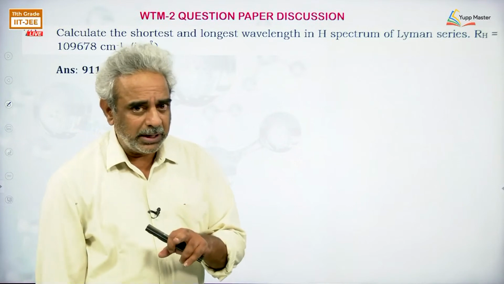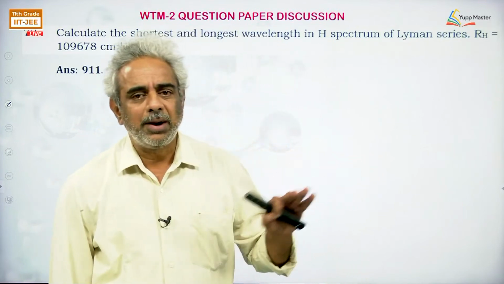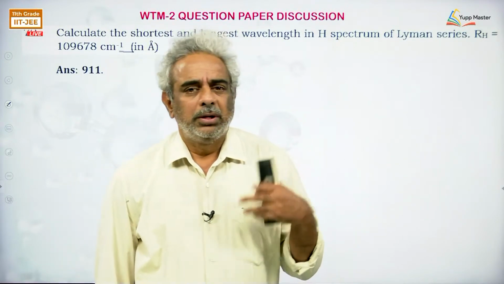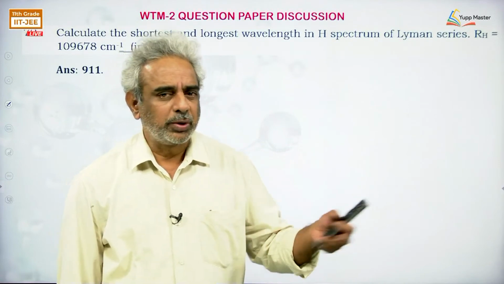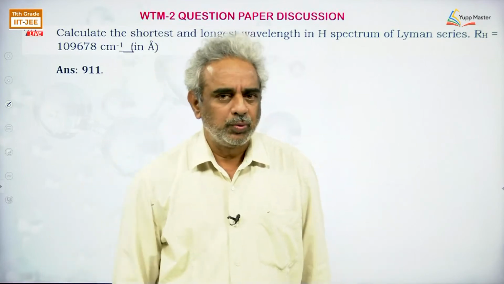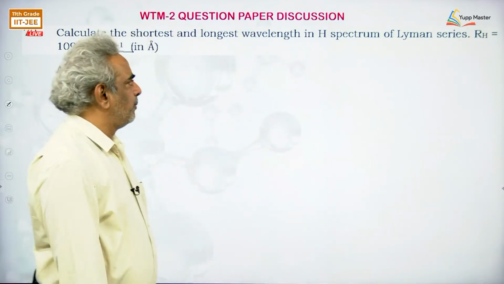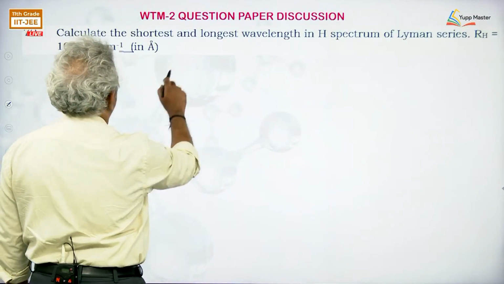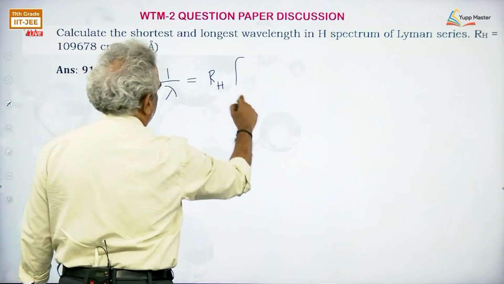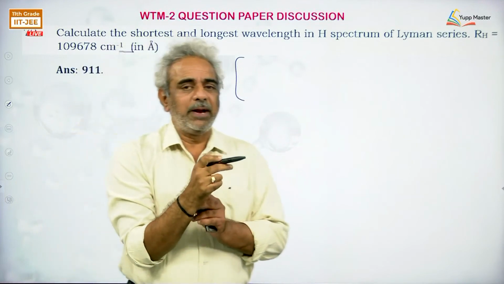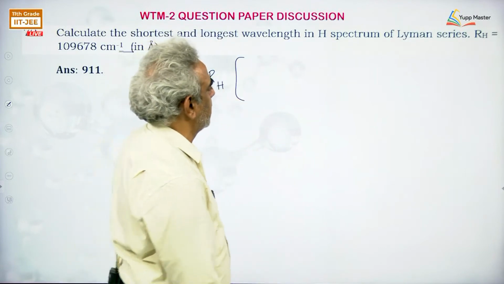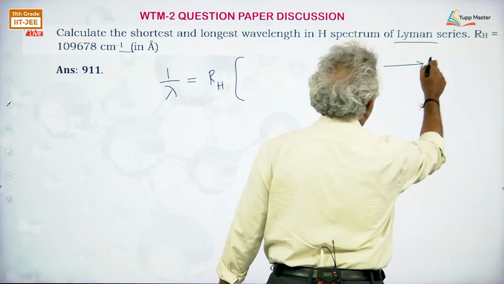I told you in the beginning of this class, I am dedicating this class to very simple problems, but this kind of habit you should have, just to calculate wavelength, energy, transition, whatever. That is why I took one more class to solve these kinds of problems. So, for the H spectrum, to calculate lambda we need RH into 1² by... shortest wavelength means highest energy, which in the Lyman series is infinity to 1.